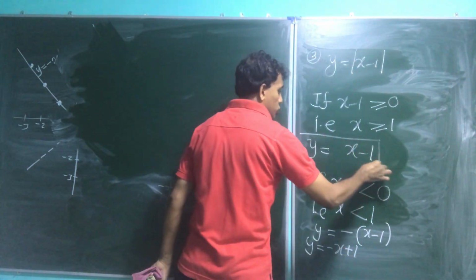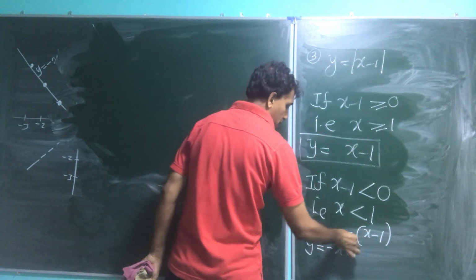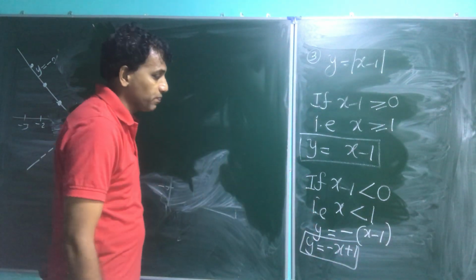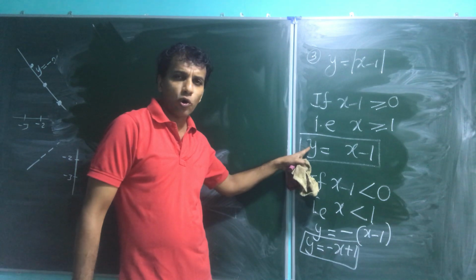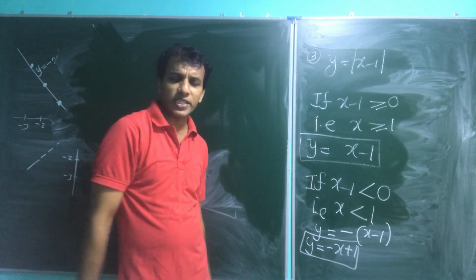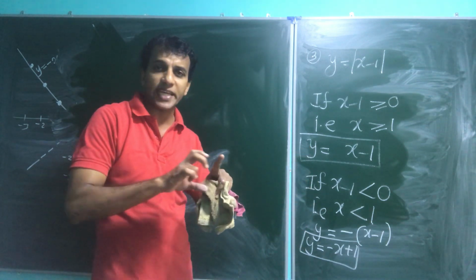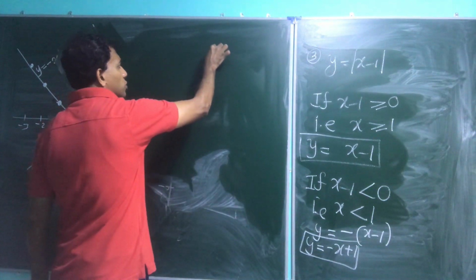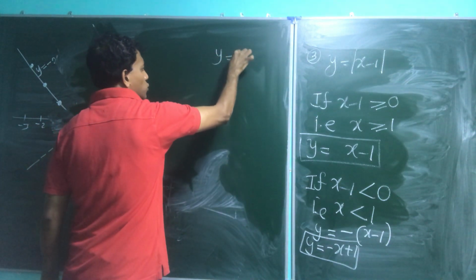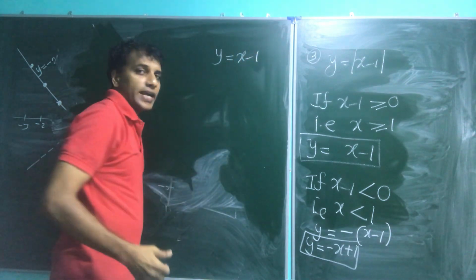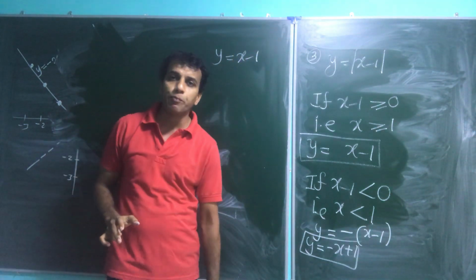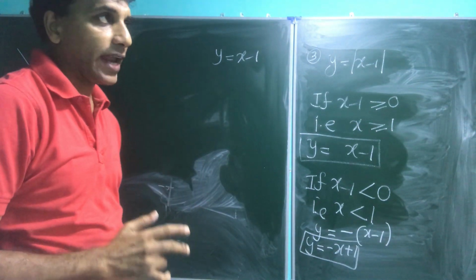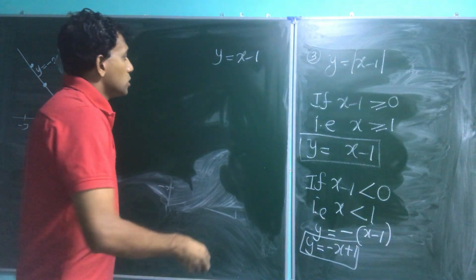So, see, two portions, always two graphs there. I hope you can draw this graph by using your knowledge. But here we won't prepare a big table method like O levels. So, the important method to draw the straight line graphs is the intersection points, where the graph cuts the x-axis and y-axis, right?